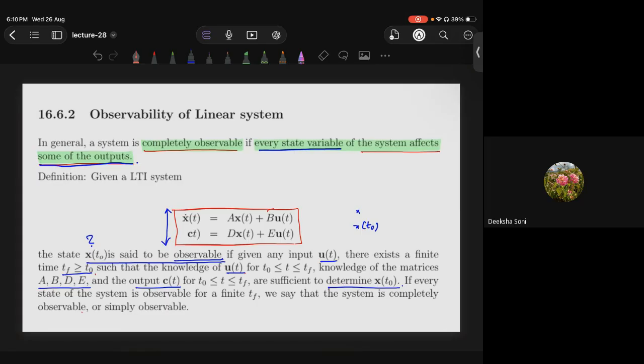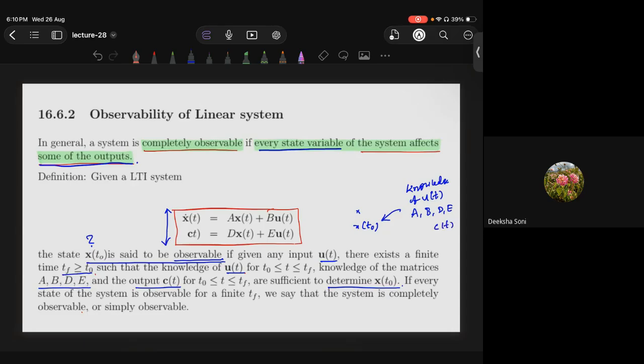Here, to find this, what you need is the knowledge of u of t, the matrices, and the output c of t.